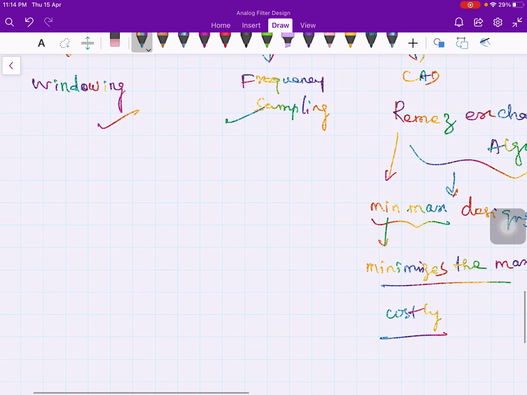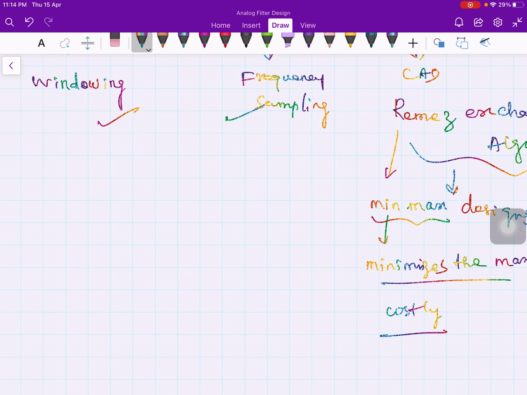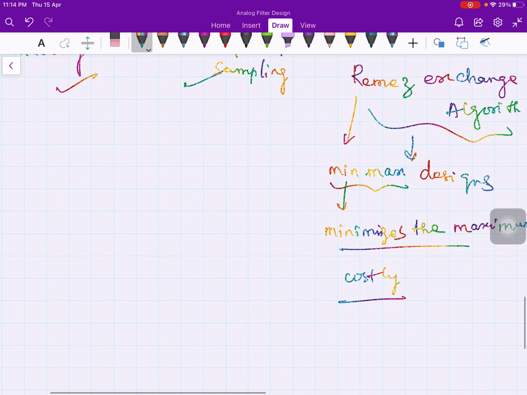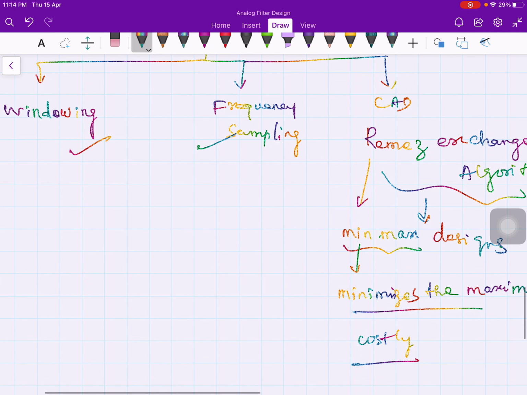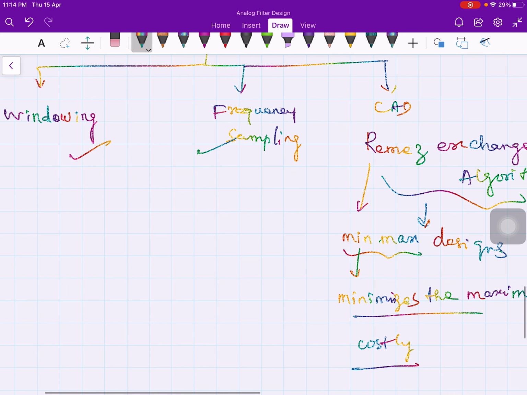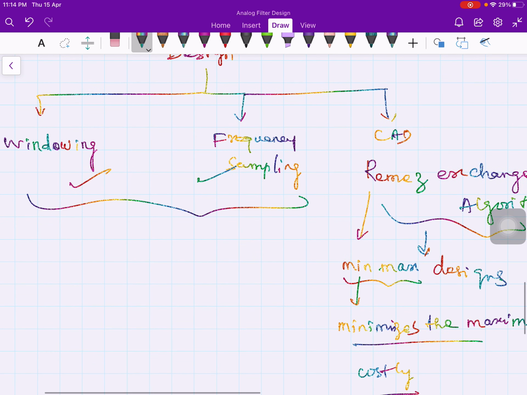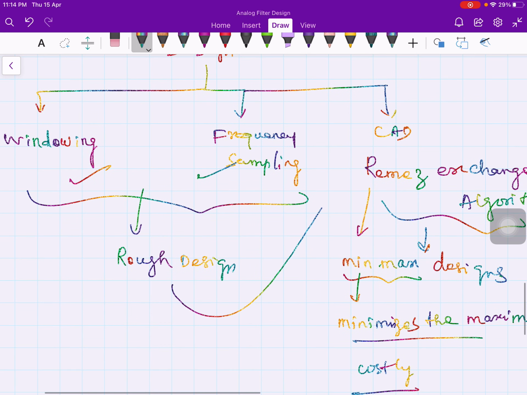Often, before you go to CAD, one uses the windowing or frequency sampling method to get a rough design, and then you polish this result with the help of computer aided design.